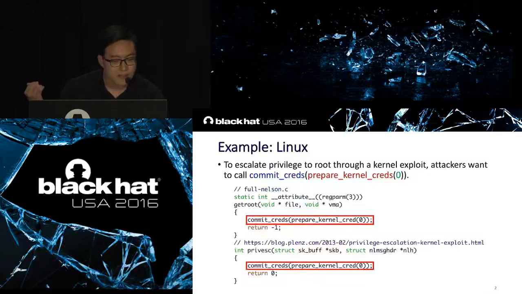The code in the figure is extracted from real kernel exploits in 2010 and 2013, and both call those two functions. However, the attacker is required to know the exact address of those functions for a successful exploit.